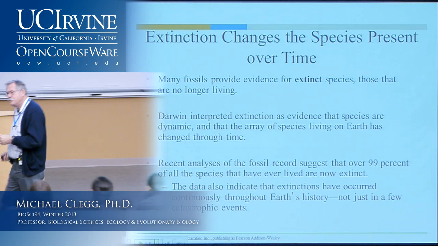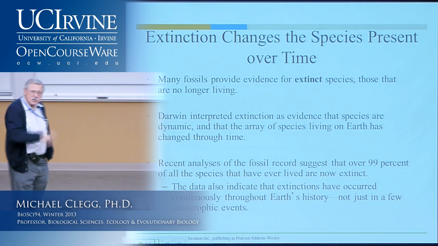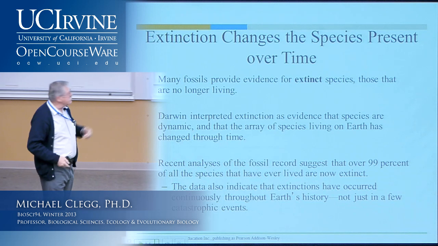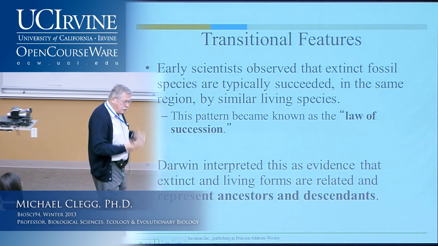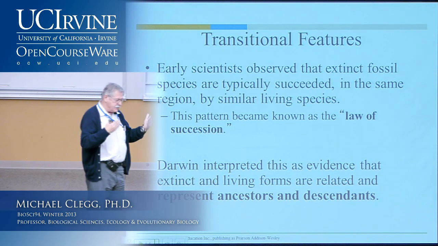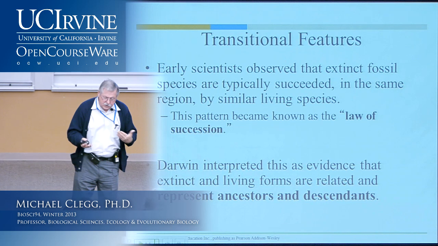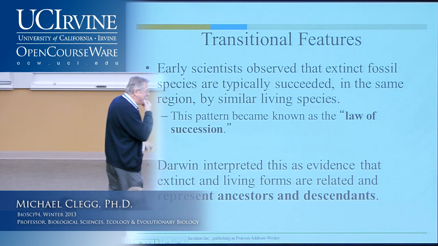Maybe we'll make it to 2 million years. But it's not that long. Extinction is a natural part of the processes of life on Earth. So we see fossils and extinction as evidence for organic change and for continuity in life.